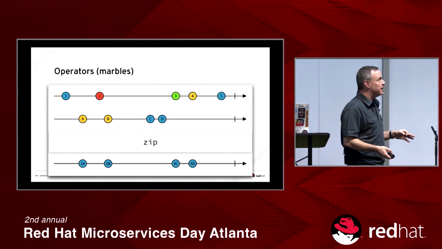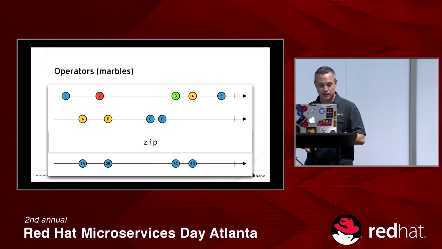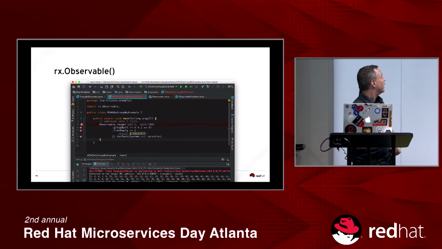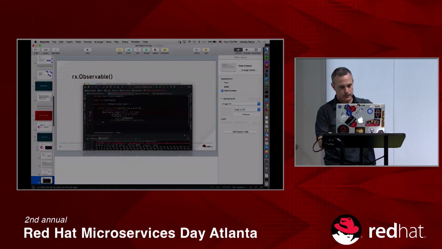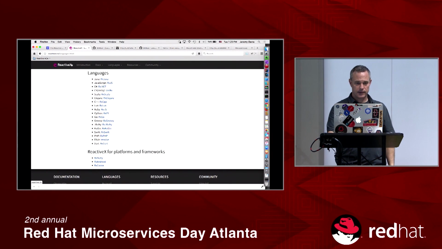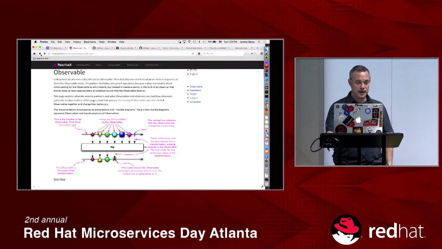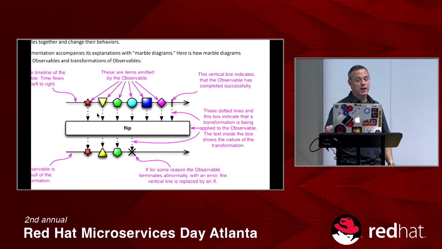Another key piece are operators, or marbles. And that's what we saw inside of Observer here when we looked at group by and flat map. And on the Rx site, they do a really nice job of using these marbles to explain what's happening.